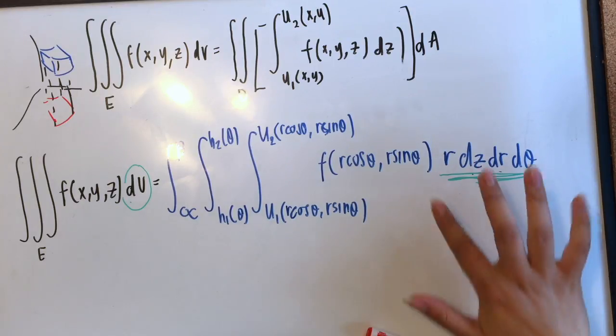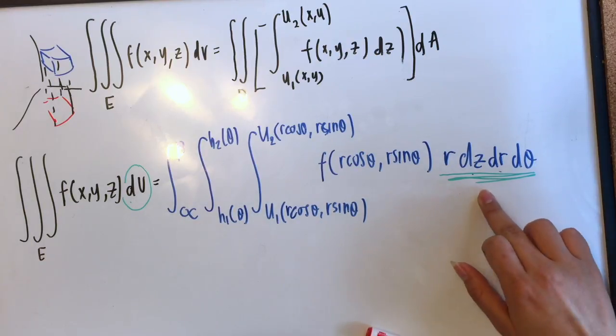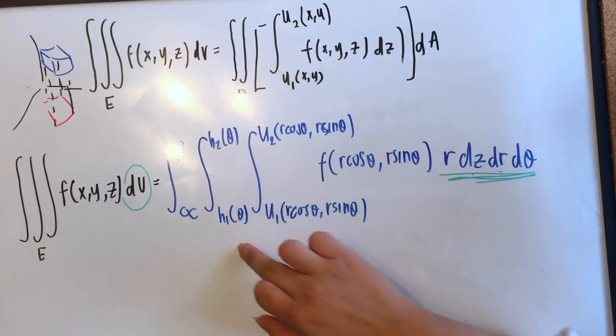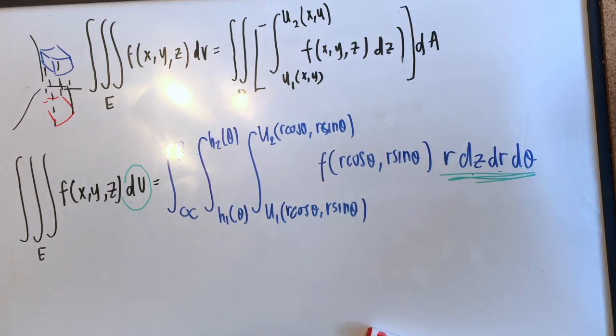So always remember the r. So besides having these limits in your function, you need to remember to have that as well. So this equation will be our guidance in evaluating triple integrals with cylindrical coordinates. So knowing this and hopefully understanding this, we can go on and start examples.